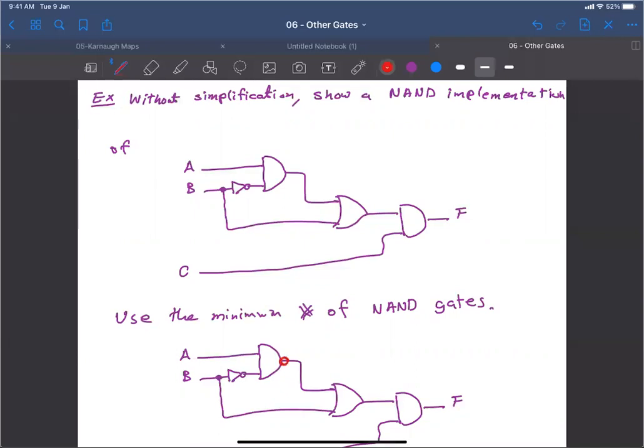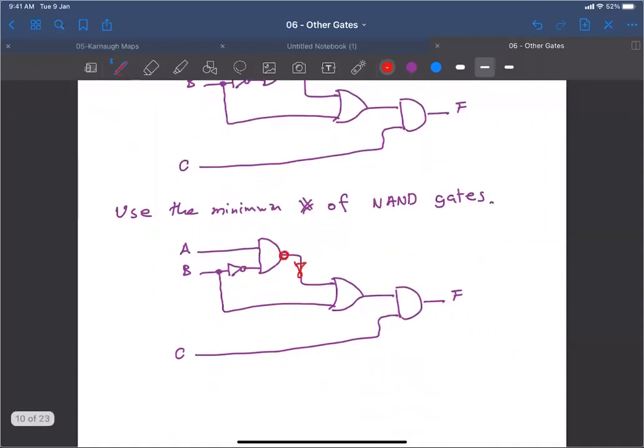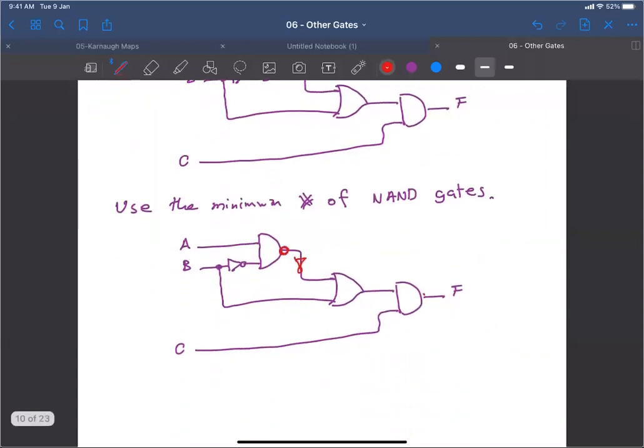But in order to preserve the functionality of the circuit, I need an inverter to cancel the effect of this bubble here. What's next? The other AND gate, which is this one. I need to cancel it, and this is my F. You guys are following, right? Yes.